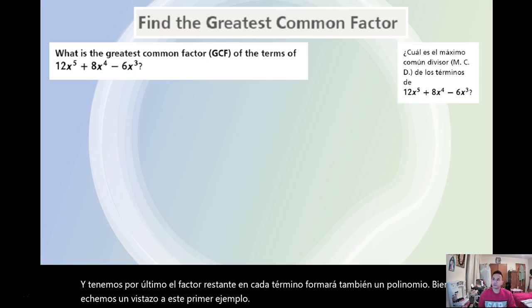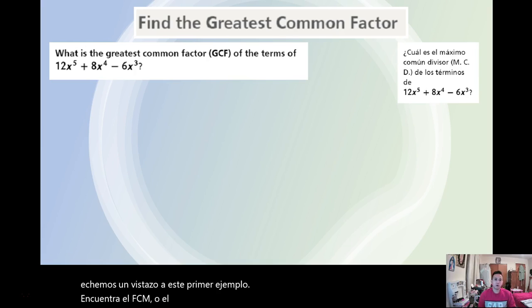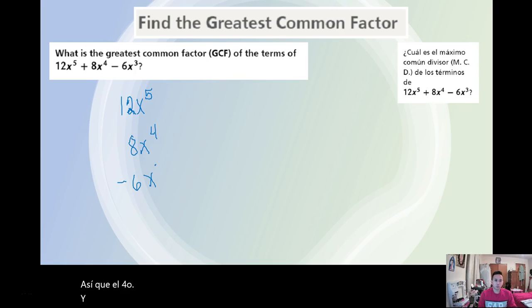Find the GCF, or the greatest common factor, of the terms 12x raised to 5, 8x to the fourth, and negative 6x cubed. So 12 is 2 times 2 times 3, and I'll just put there x to the 5.